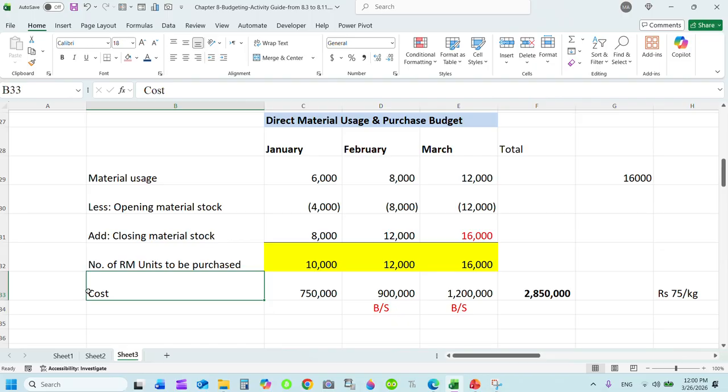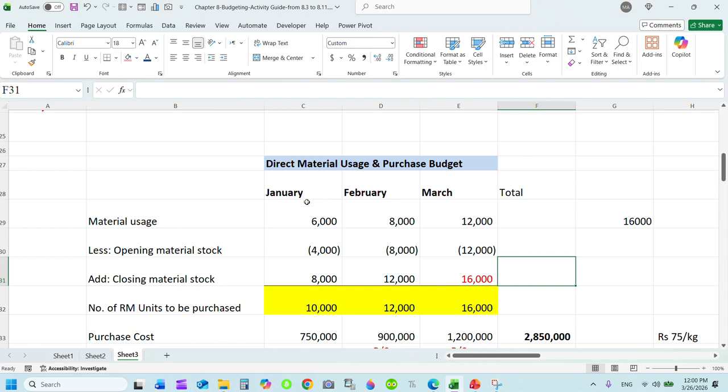Then this we can say purchase cost. Okay, fine. So this is our direct material usage and purchase budget.